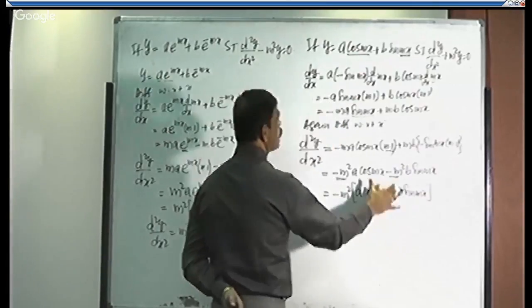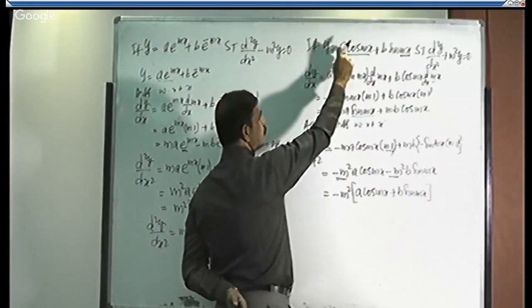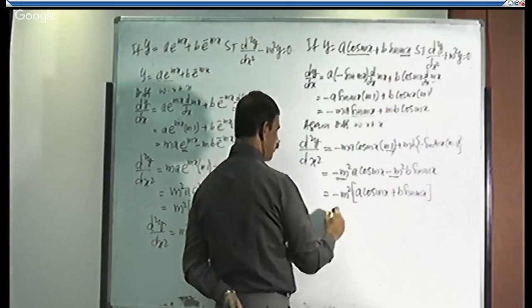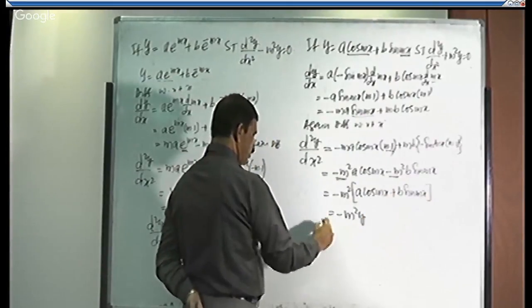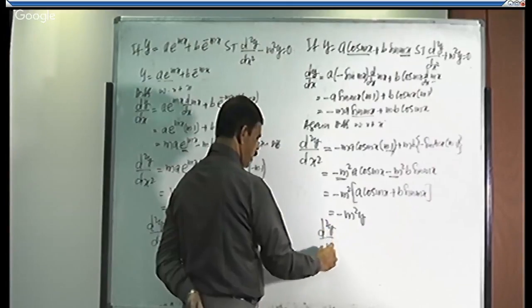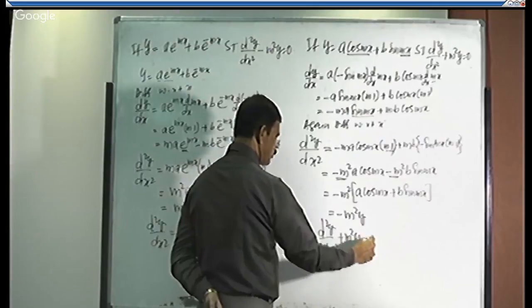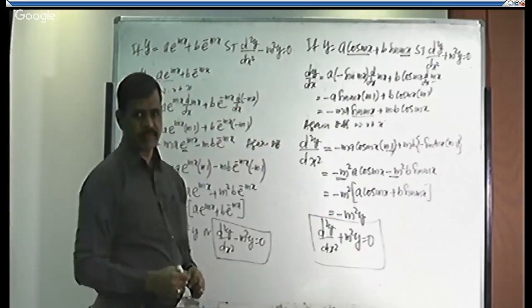The bracket is given as y. Y is equal to a cos mx plus b sin mx. That becomes minus m square y. So d square y by dx square plus m square y is equal to 0. It is the required equation. Okay.